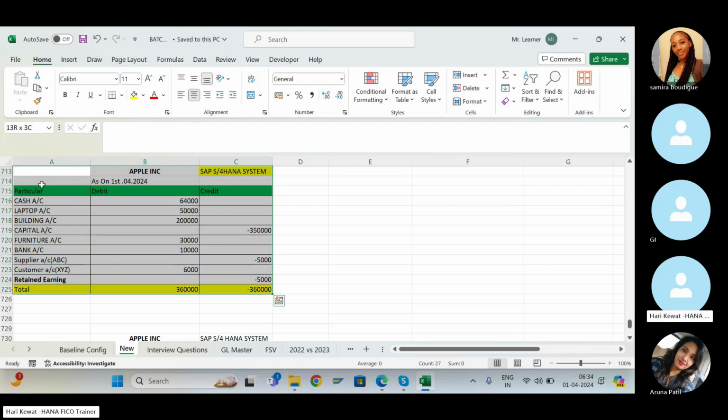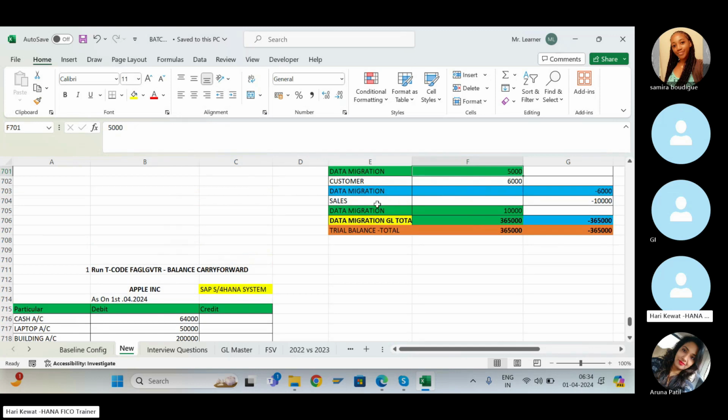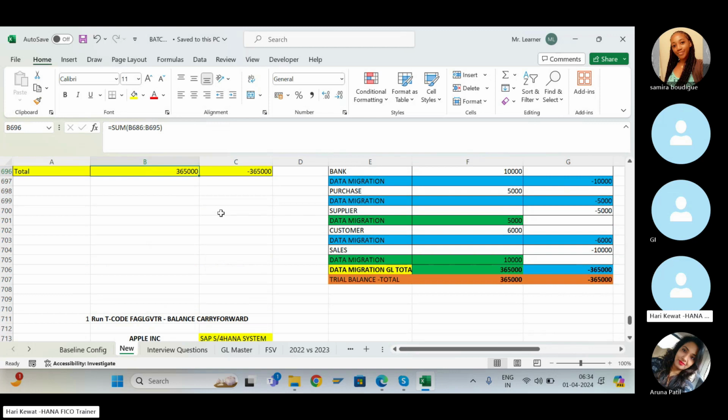Make sure that your trial balance is matching properly, that this is becoming zero, and that your debit and credit of the trial balance is matching with the legacy system debit and credit.